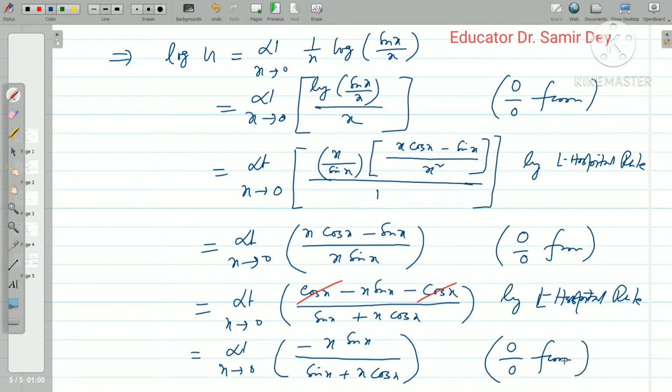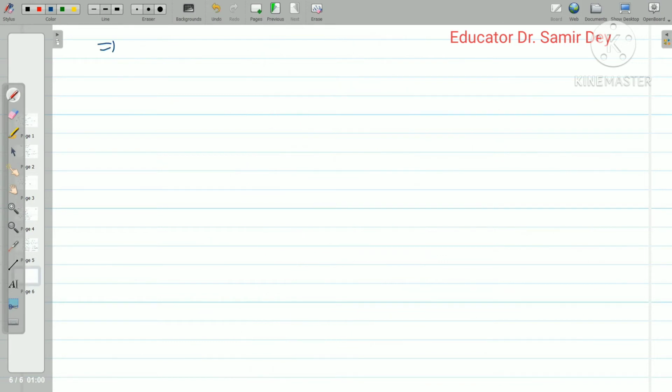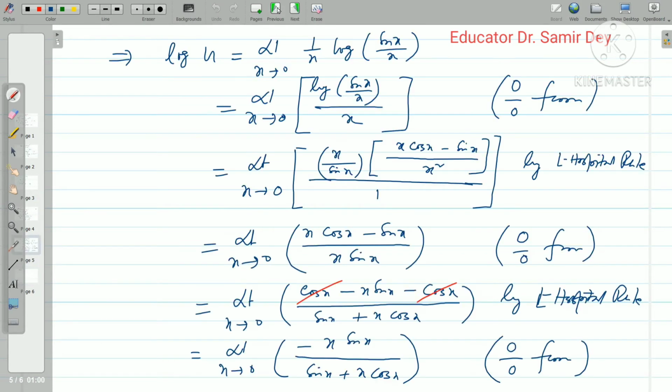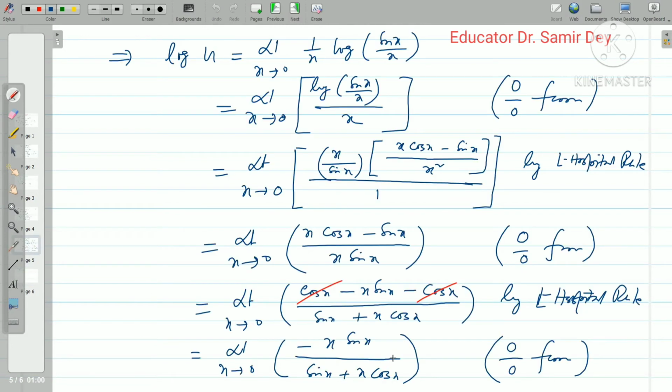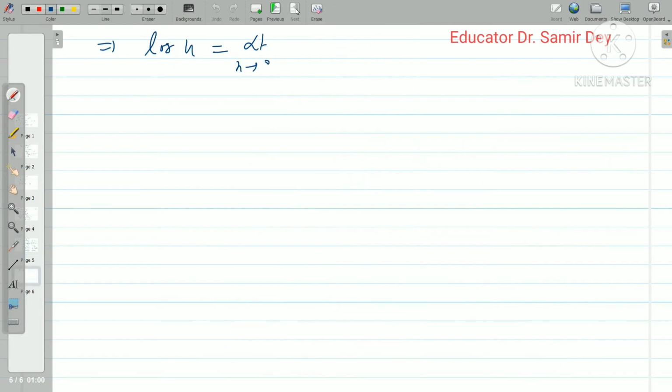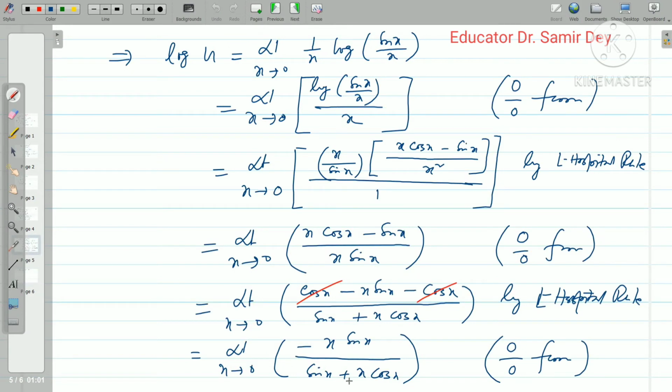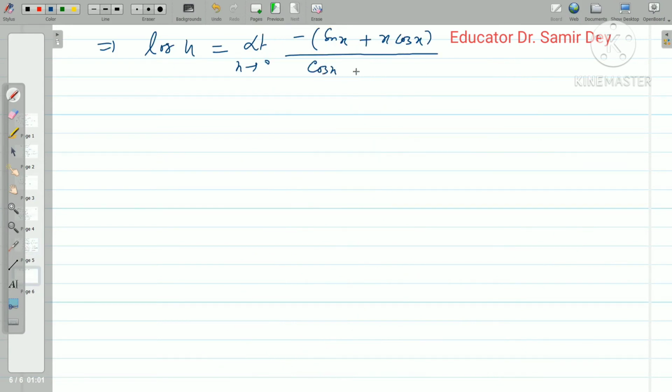So again you apply L'Hospital rule. In the next slide you can write log u is equals to, from here, derivative it, minus sign outside, limit x tends to 0 of sin x plus x cos x, whole divided by cos x plus x sin x.